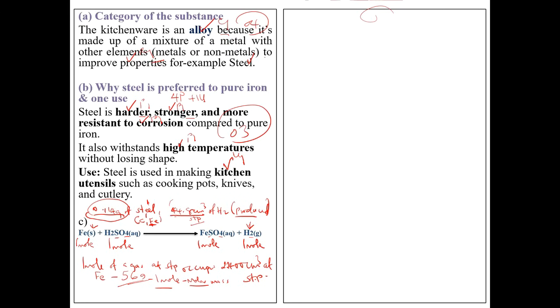So which means we can come here and say, so let's bring it here, and then we say that from interpretation, that 1 mole of iron reacts to produce 1 mole of hydrogen.